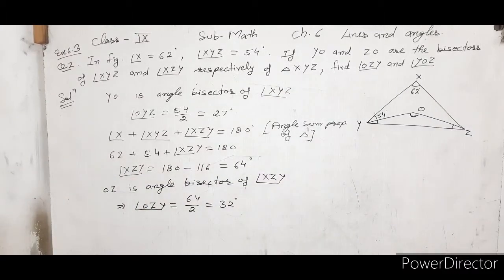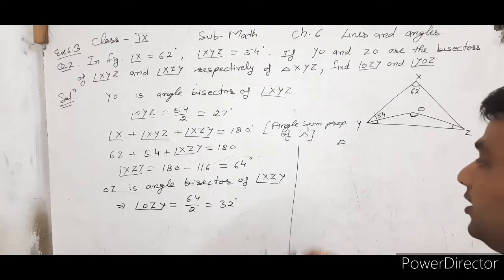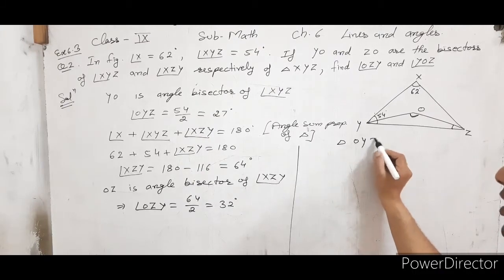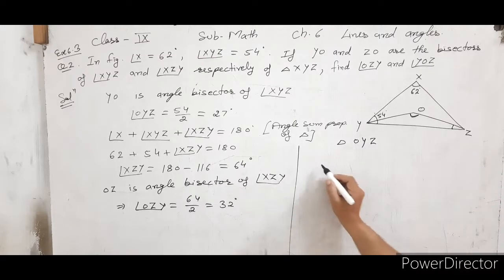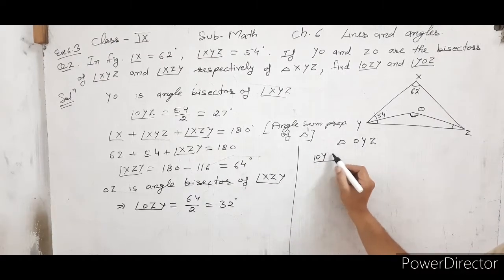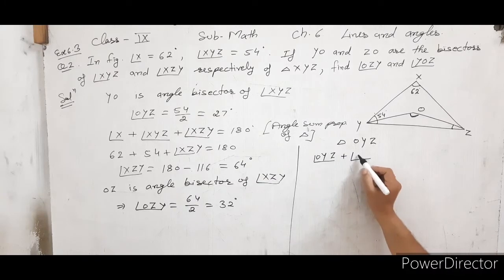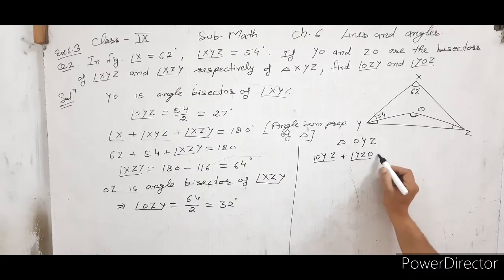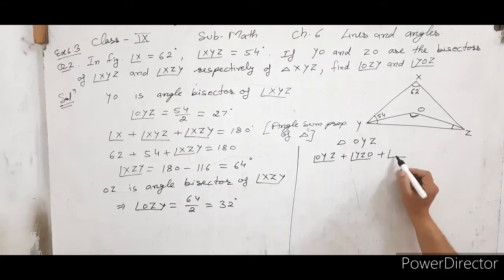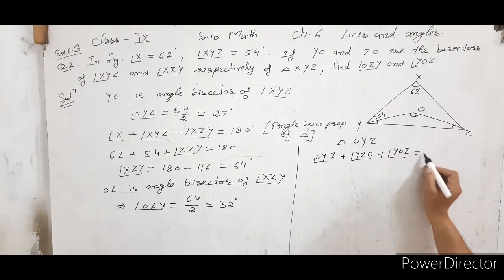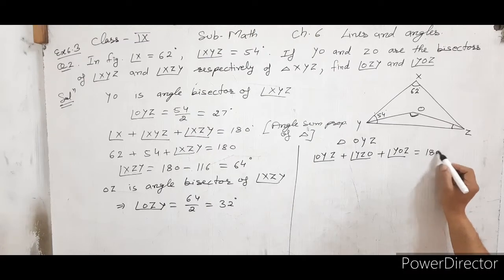Now again, in triangle OYZ, we have the sum of angle OYZ plus angle YZO plus angle YOZ equals 180.